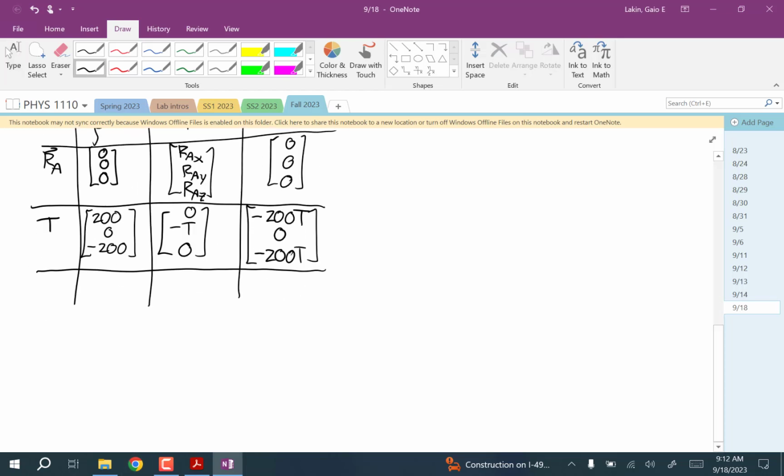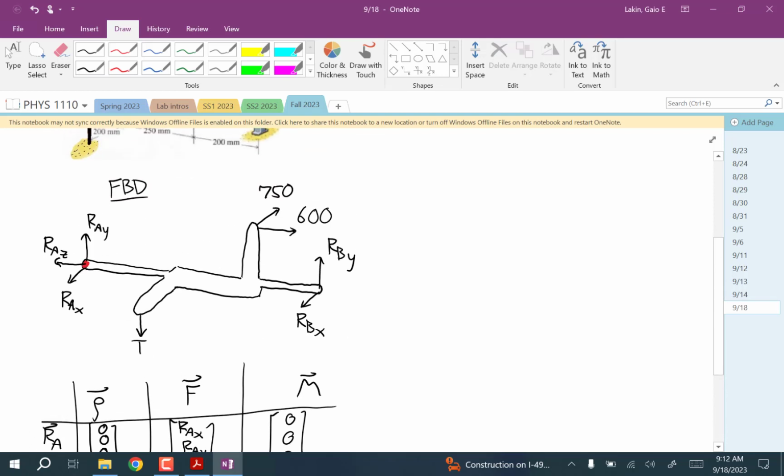And then the 600 and 750. So that is, was it another 250 in the negative z direction? Is that what it said? And then a 200y.